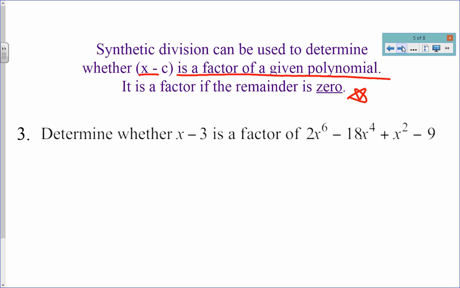So sometimes we'll just want to determine if something's a factor. We don't care about the products and what it actually divides into. We're just searching to see if that remainder is 0. So here in our last example, we have x minus 3. Determine if it's a factor of 2x to the 6th. I notice that there's no x to the 5th term, so I'm going to remind myself that there's 0x to the 5th. 4th, no x to the 3rd term.